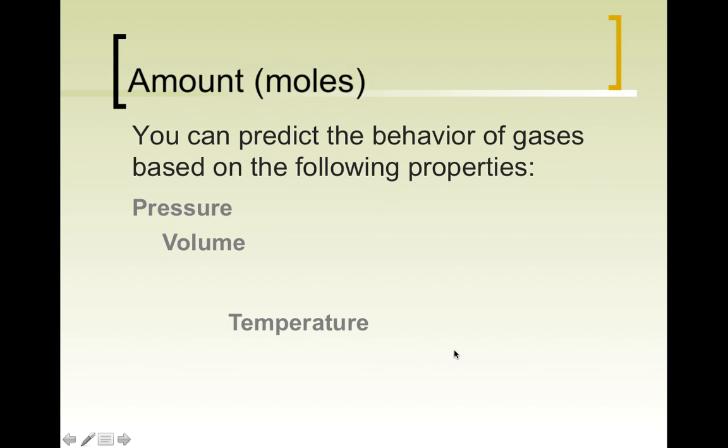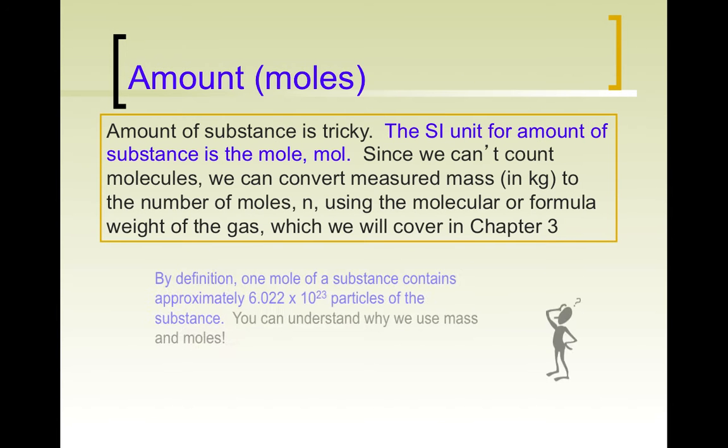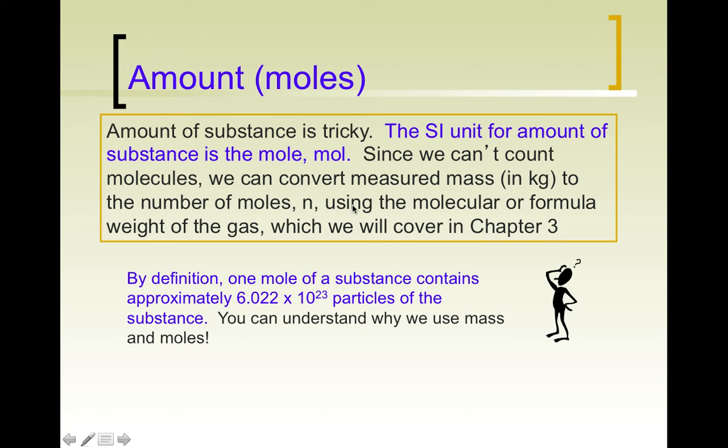Alright, that moves us on to amount of moles, or the amount of a substance, and you guys have seen this before. So the amount of substance, once again, is an SI unit. This is actually an SI base unit. And remember that we talked about moles in chapter 1. We can't count molecules because they are super tiny. So instead we want to use something called a mole.